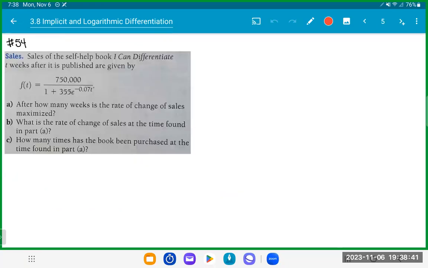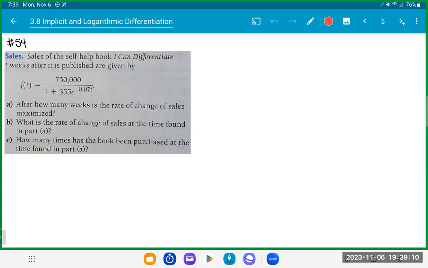Okay. The last example out of this section and out of this chapter is an applications problem. So this one is, if the sales of a self-help book called I Can Differentiate, t weeks after it is published, is given by this function here. After how many weeks is the rate of change of sales maximized?